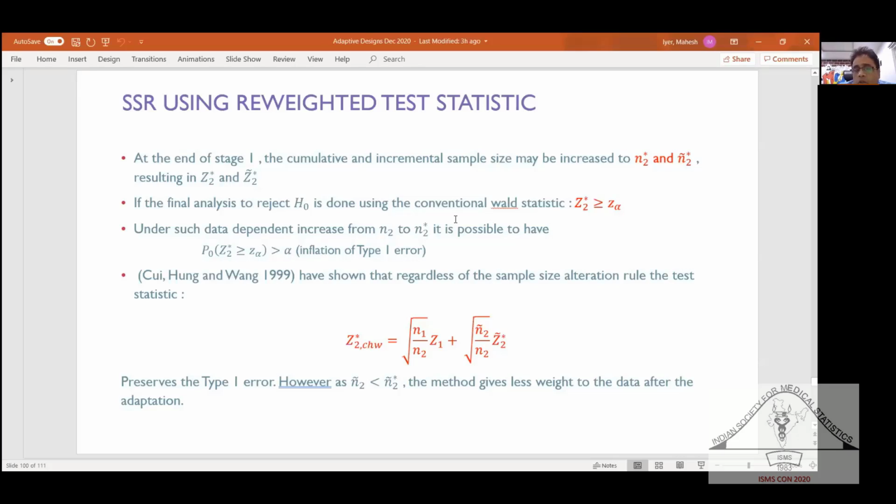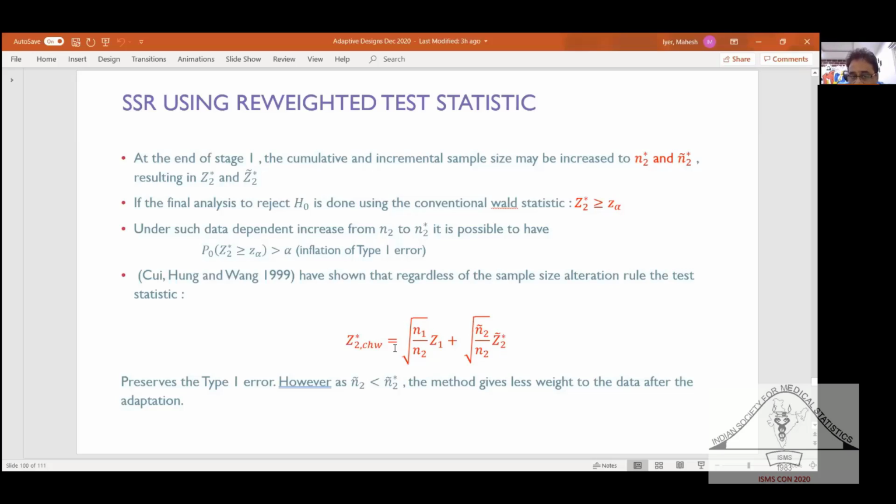So now what to do? CHW, Chui, Hung, and Wong, showed that instead of looking at Z2 star, which would be N1 over N2 star plus N2 tilde star over N2 star, that would be the original Z2 star.